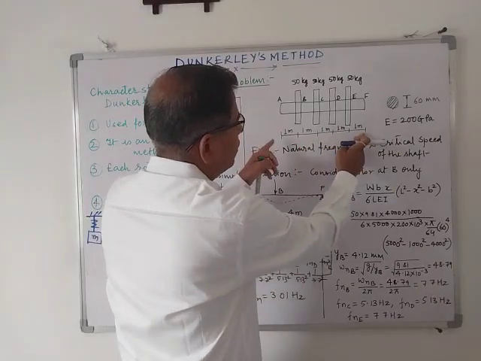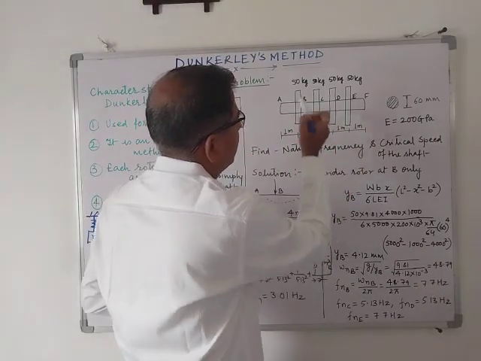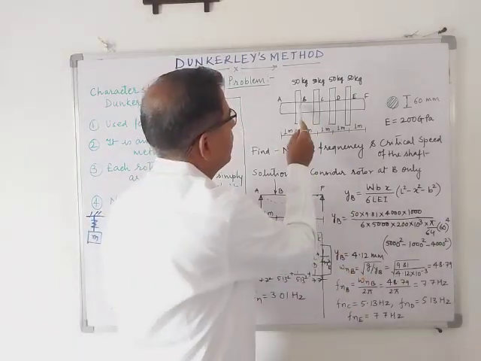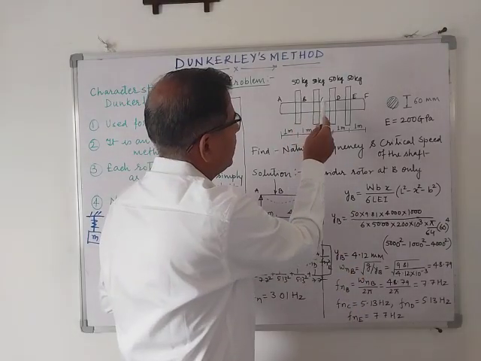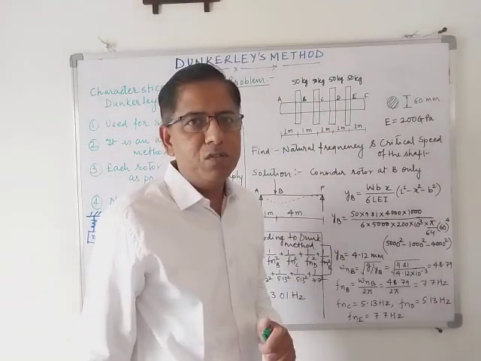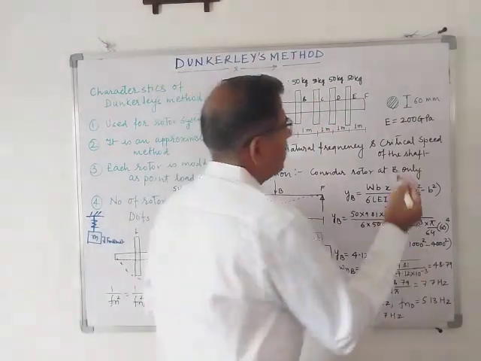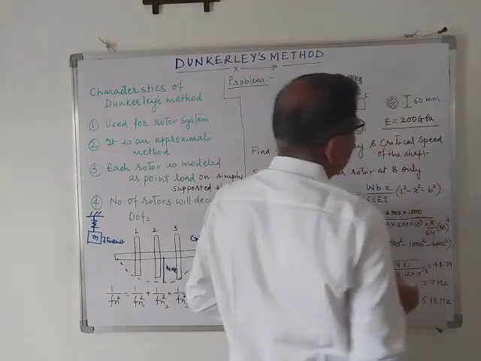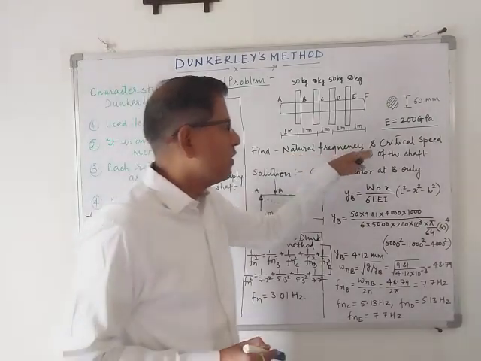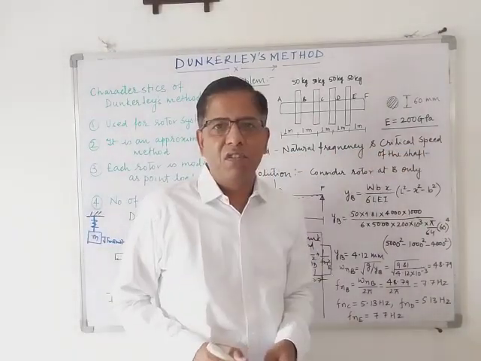The total length of the shaft is 5 meters. Each rotor weighs 50 kg. So the rotor at B weighs 50 kg, the rotor at C weighs 50 kg, and like that all the 4 rotors weigh 50 kg. Then the value of Young's modulus is given as 200 GPa, and we need to find out the natural frequency and critical speed of the shaft.